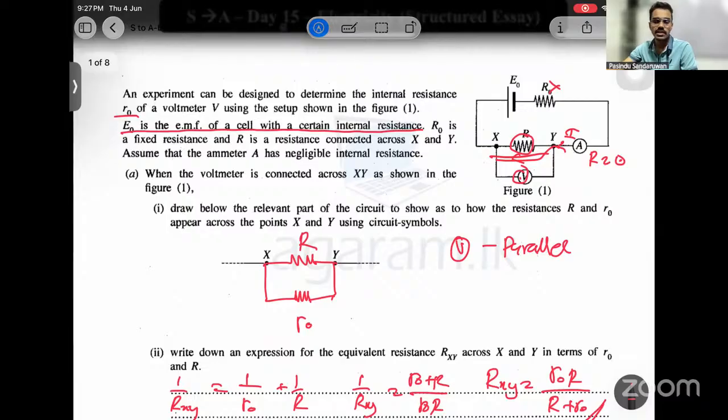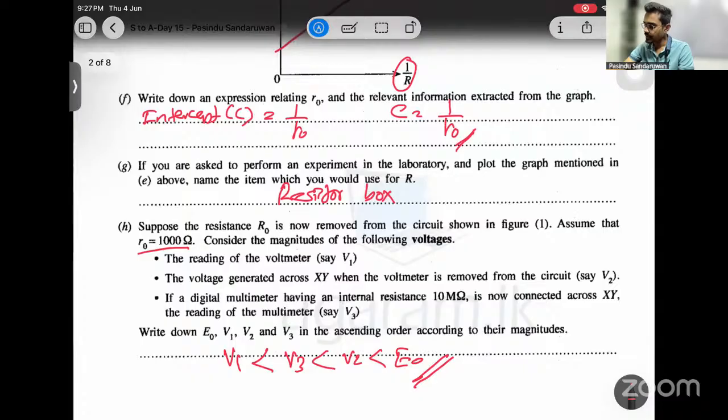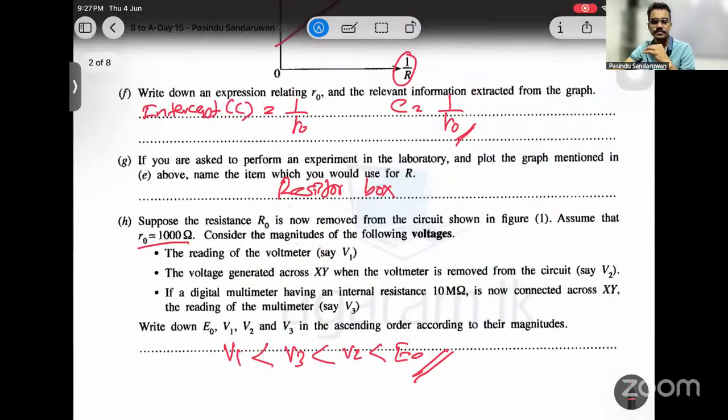If there was no internal resistance, your point is correct, V2 equals E naught. But now it has an internal resistance. Clear enough, right?